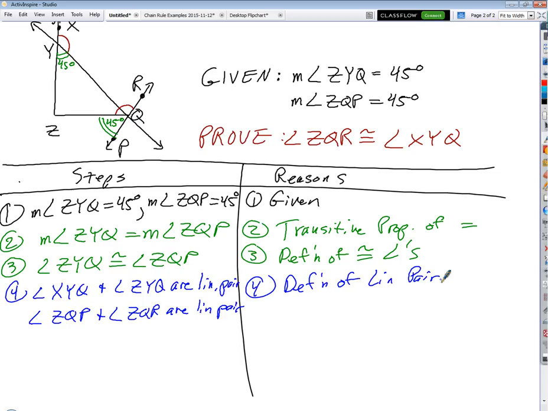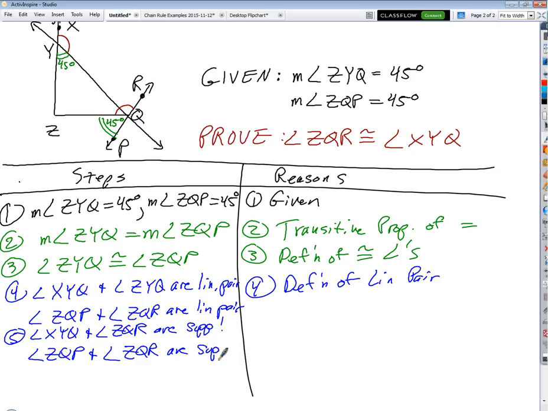So angle XYQ and angle ZYQ are supplementary, and angle ZQP and angle ZQR are supplementary.